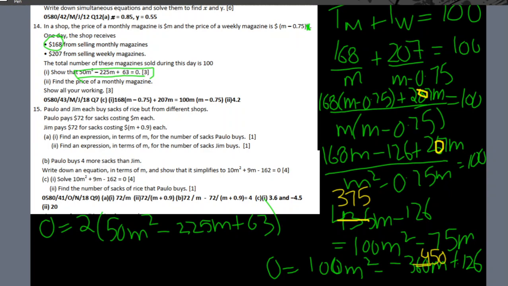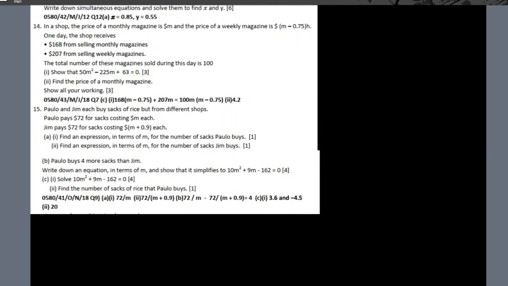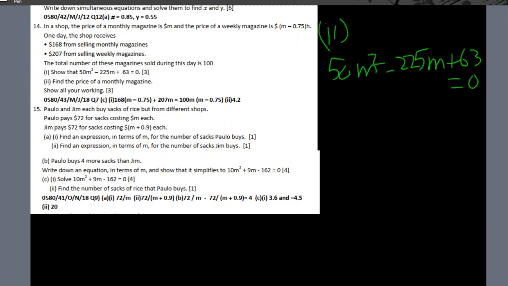Alright, let me clear the screen and do part 2. Find the price of a monthly magazine. So that means we need to solve this quadratic equation. Since I made this worksheet for grade 8 and you haven't done the quadratic formula yet, we will try to solve this using middle term breaking, which is factorization.